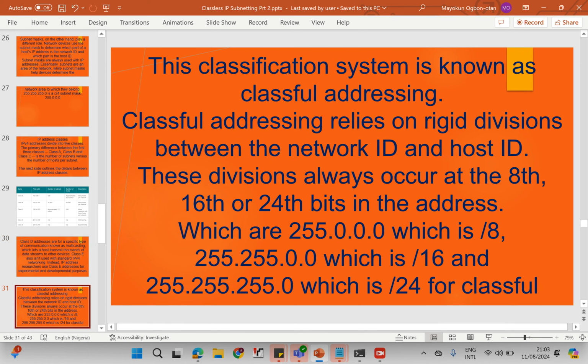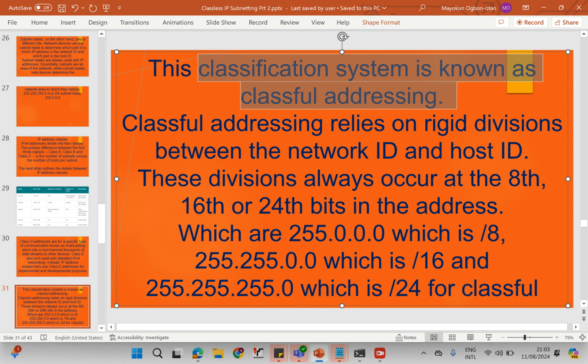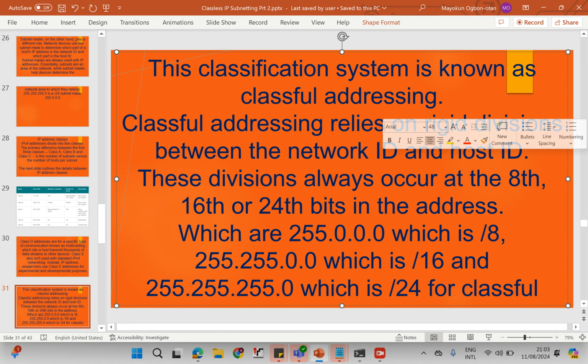Let's move on. This classification system is known as classful. We've defined that. Classful addressing relies on a rigid division between the network ID and host ID. What we are saying is this division always occurs at the 8th, 16th, or 24th bit in the address.